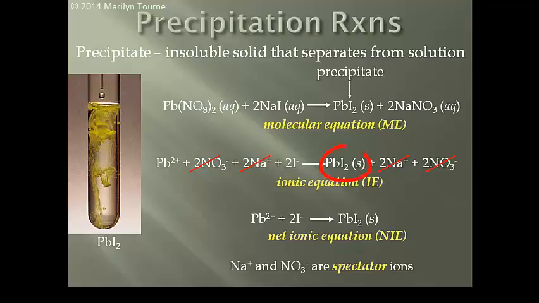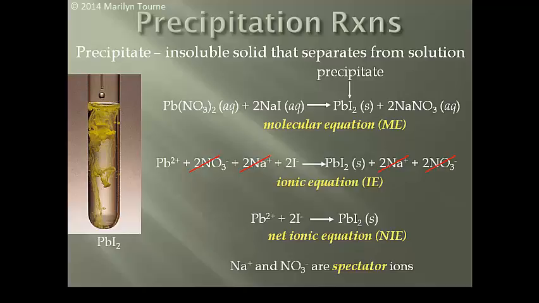But if you notice, the PbI2 remains the same because it's a solid. You cannot break it up. Everything else is aqueous, so you break it up into its respective ions for the ionic equation. Once you do that, you notice that you have things that are exactly the same on both sides of the reaction. You have 2NO3- on one side and also on the other side. So you can cancel anything that is the same on both sides.